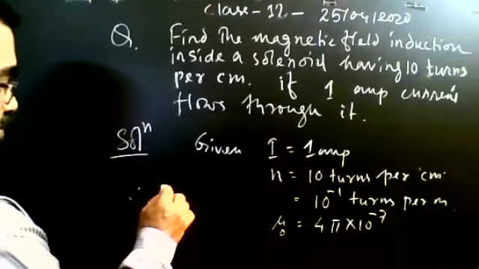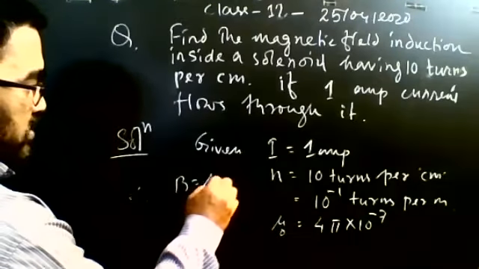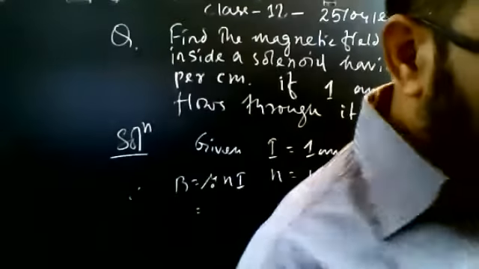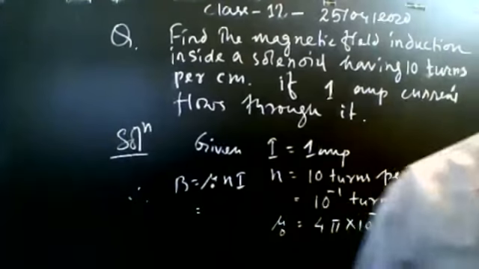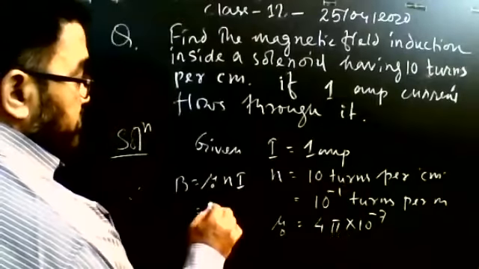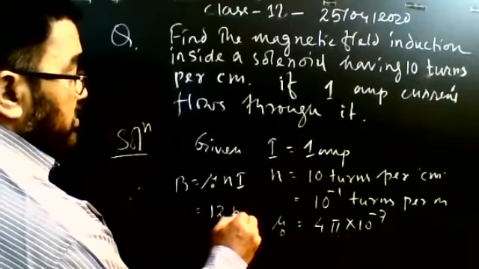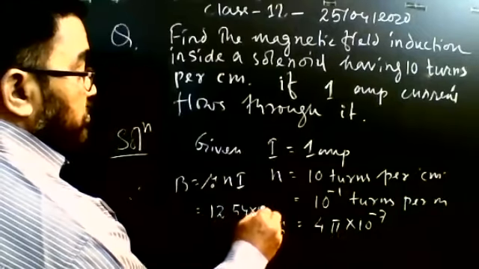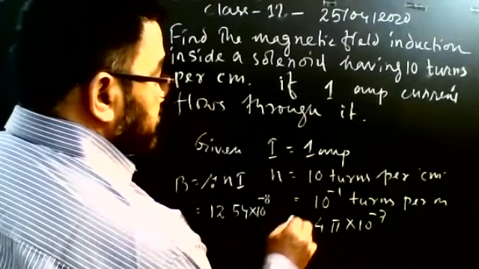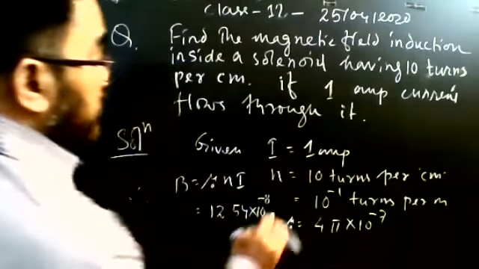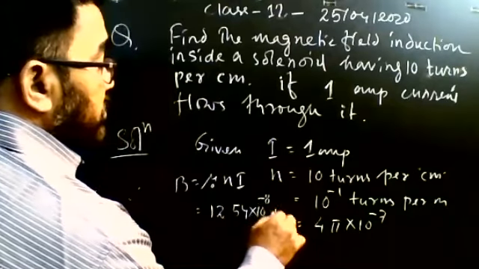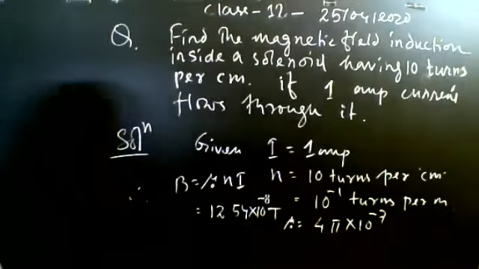Therefore, magnetic field B is equal to mu naught n I. If you put in all the values, you will get the answer as 12.54 into 10 to the power minus 4. What will be the unit? The unit is Tesla.